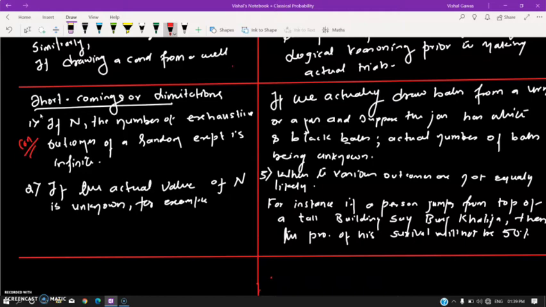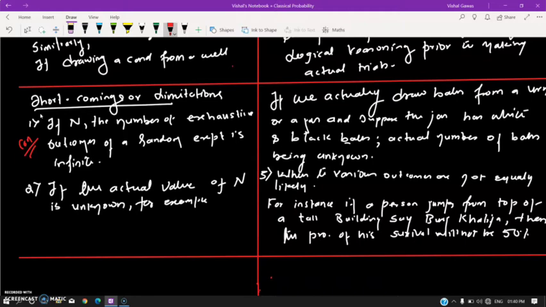I cannot start without knowing the actual value of n, the total number of outcomes I have, right? First of all, outcomes cannot be infinite. For a random experiment, you should not have infinitely many outcomes, because I'm finding a ratio.